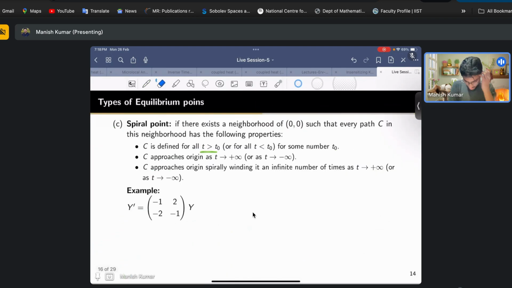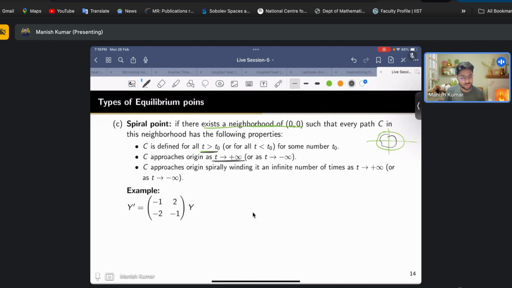It's called a spiral if there exists a neighborhood such that every path you choose in this neighborhood satisfies this kind of property. The first thing is that it should be defined for all t greater than t naught. The second thing is that as t goes to infinity, it should approach the origin, and the same if t goes to minus infinity.